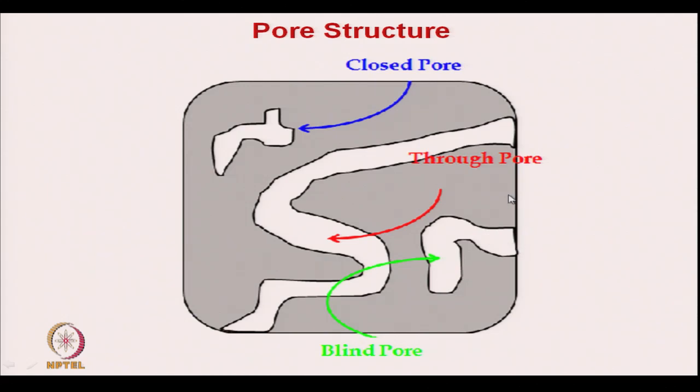And the third one is the through pore, where pores start from one surface and end in the other surface of the fabric. So, particles can flow through one side and travel to the other direction, or the air can pass through this through pore very easily.